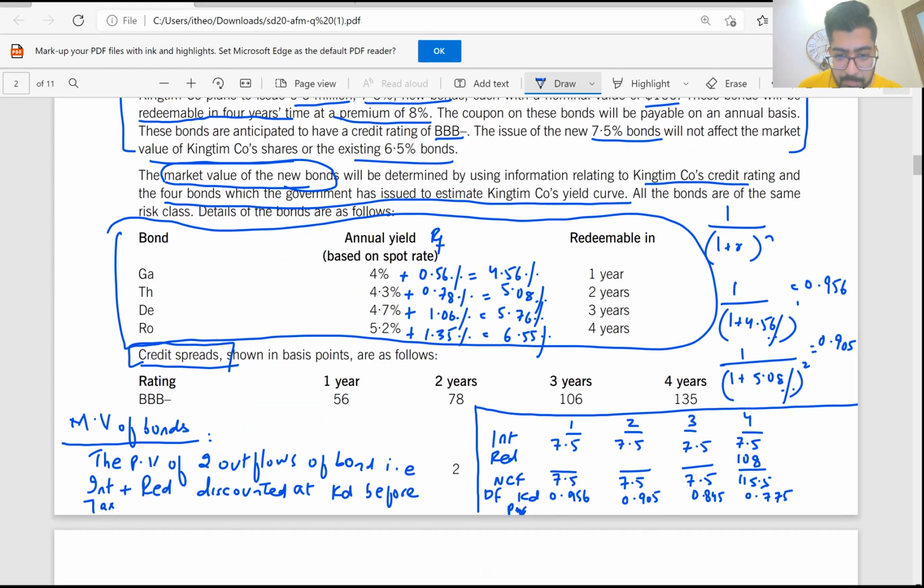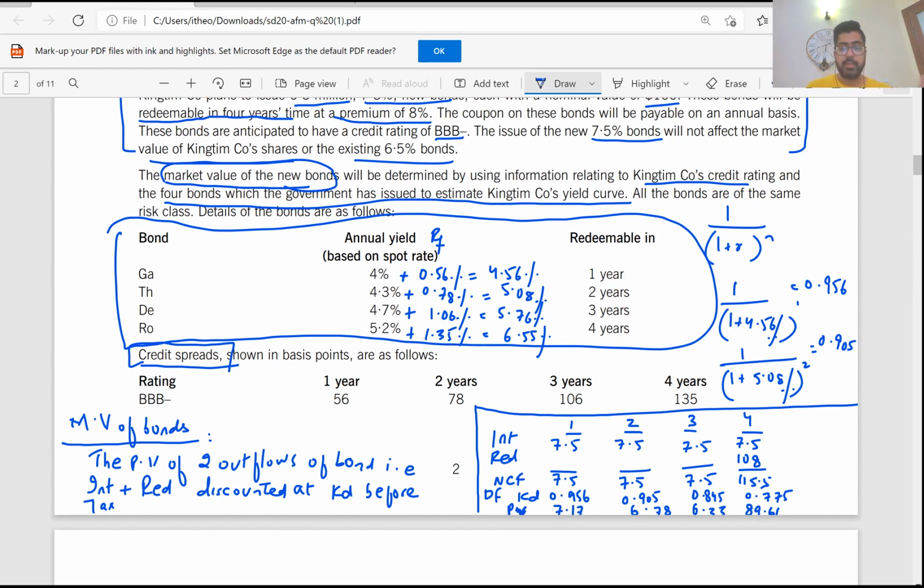So 115.5 the last year multiplied by the discount factor gives 89.61, then 7.5 into 0.845 is 6.33, then 7.5 into 0.905 is 6.78, and 7.5 multiplied by 0.956 is 7.17.